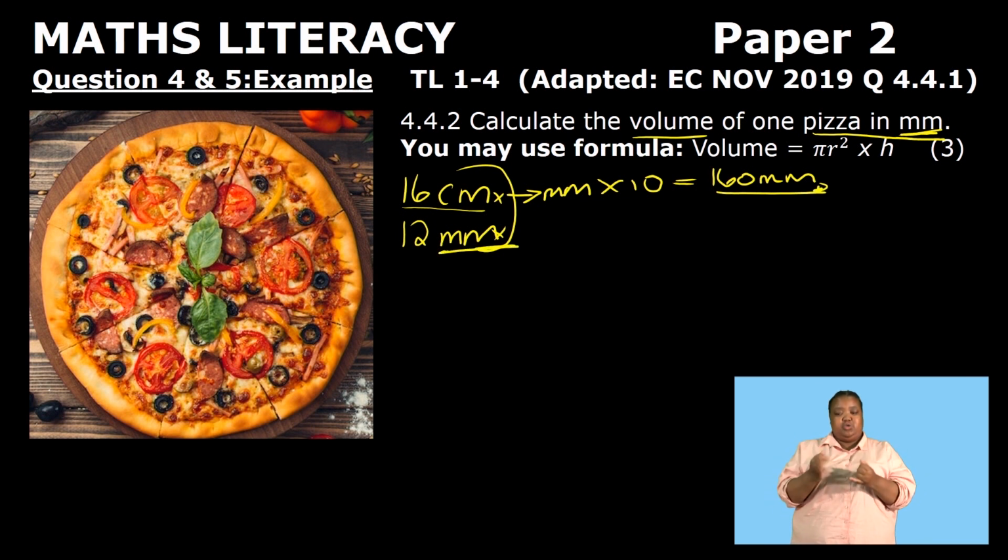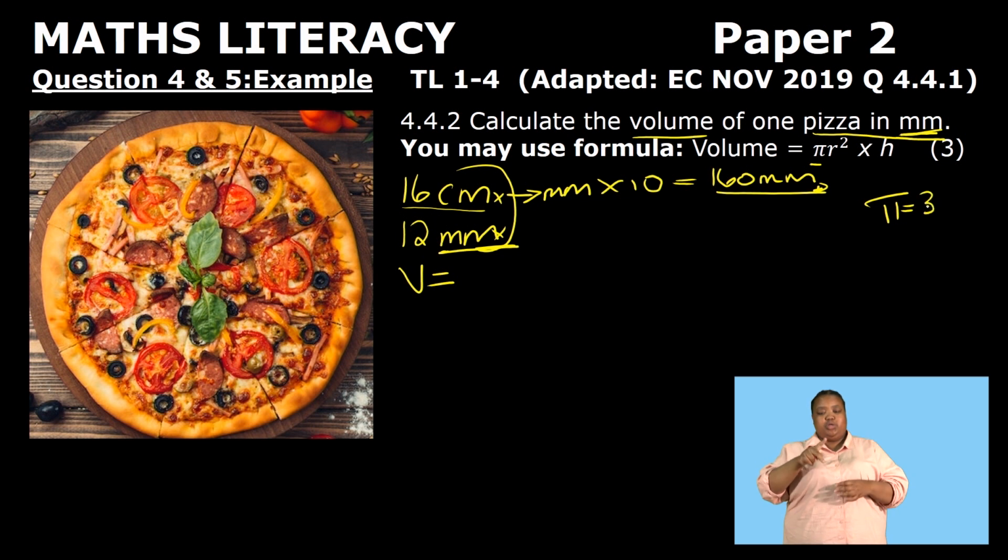Now we can go to our formula, substitute, and start working out. Having this formula, it says volume is equal to pi r squared h. The value of pi could be given to you on the question paper, but if it's not, just remember that the value of pi is 3,142. Then your r would be your radius, which has already been calculated, and h will be your height.